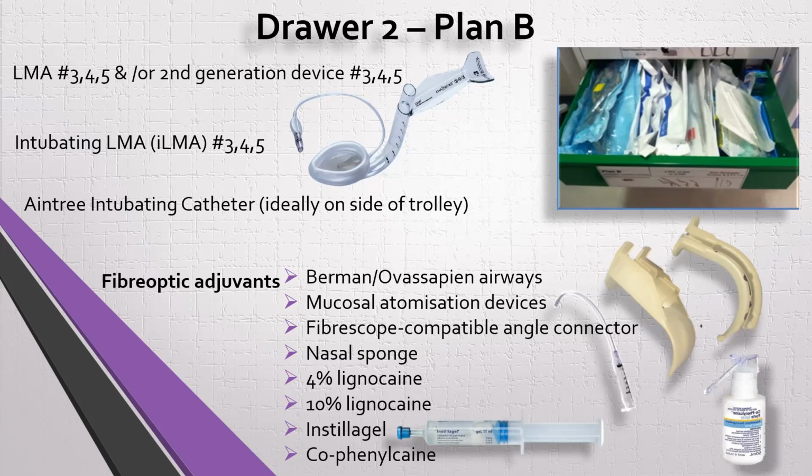Fiber optic adjuvants include Berman and Ovassapian airways, sorry for that, mucosal atomization devices, fiber optic compatible angle connector, nasal sponge, 4% lignocaine, 10% lignocaine, and co-phenylcaine. This is the local anesthetic and decongestant.